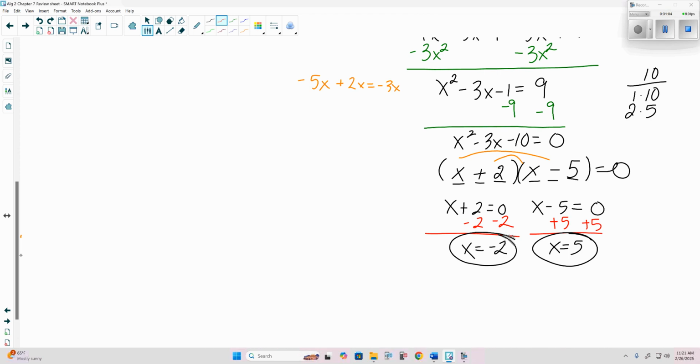So the big thing with this here is finding that least common denominator, that set of terms we multiply through to get the fractions to go away. Questions on this here?